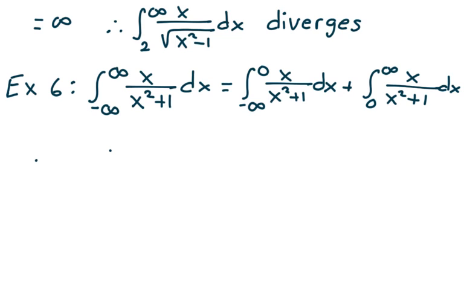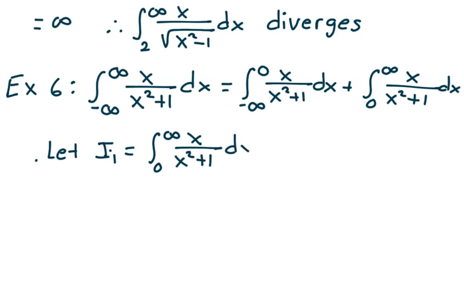Now, let I1 equal the integral from 0 to infinity of x over x squared plus 1 dx. And I2 be the integral from negative infinity to 0 of x over x squared plus 1 dx.